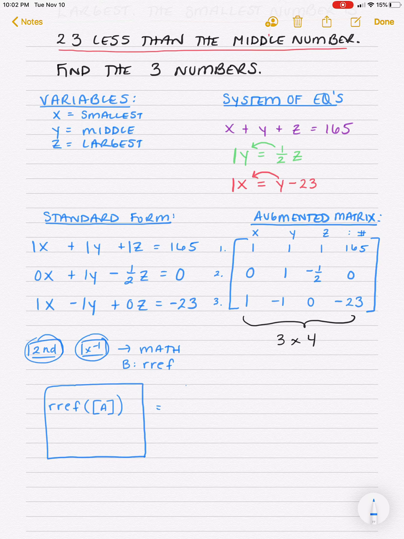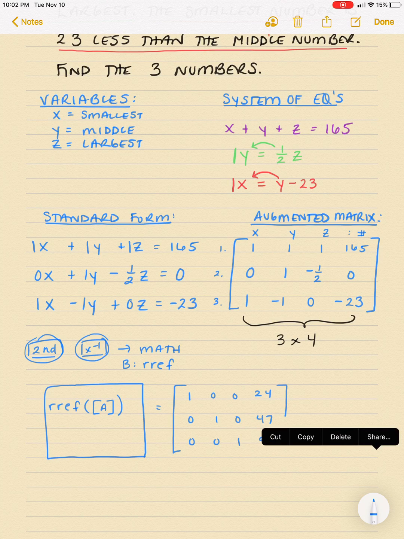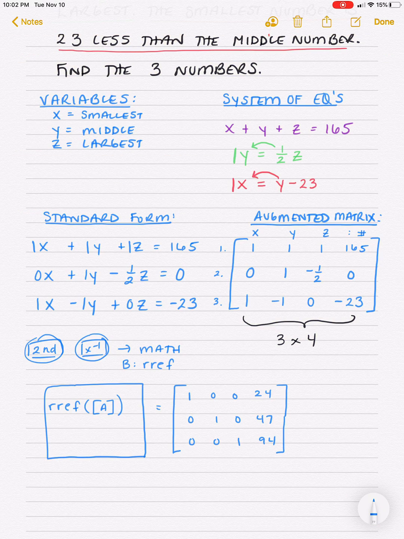And what you're going to get, if we did this right, is 1, 0, 0, 24, 0, 1, 0, 47, and 0, 0, 1, 94. We talked about this a little bit in class, how what rref does is it turns this into the identity matrix. And your solutions here, if this is x, this is y, and this is z, this is going to mean that 1x is equal to 24.